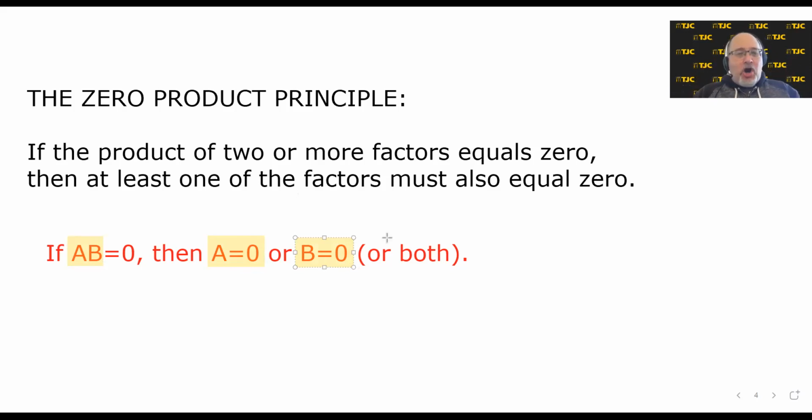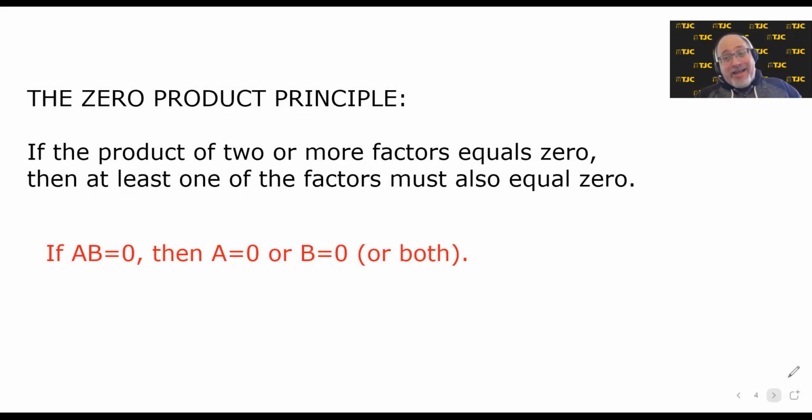The conditions are, on the left side, you have to be a multiplication problem. And on the right side, you have to be equal to 0. So if you are a multiplication problem equal to 0, then I can split you into smaller equations by putting each part of the multiplication by itself equal to 0.